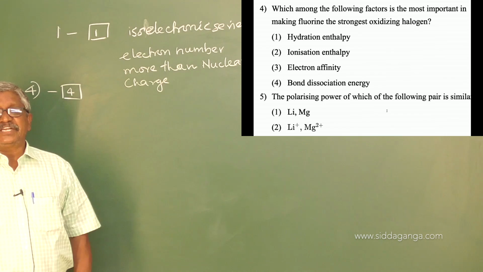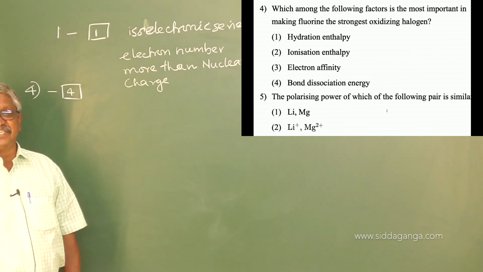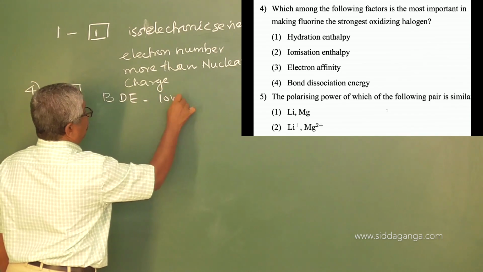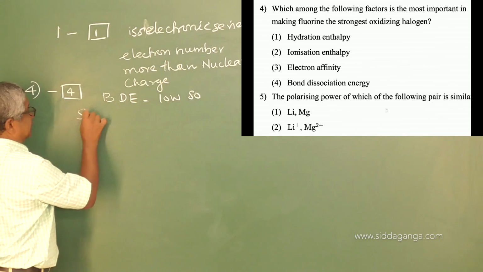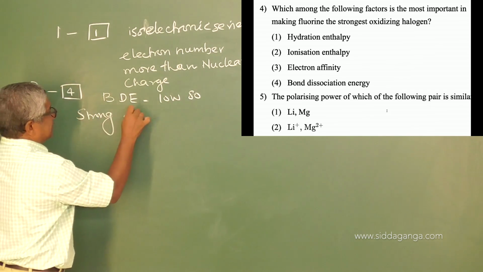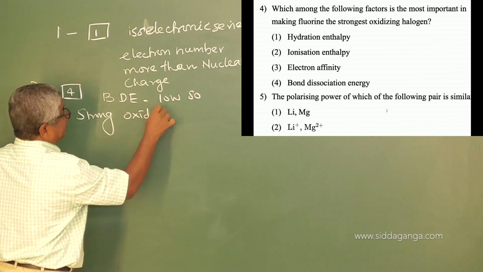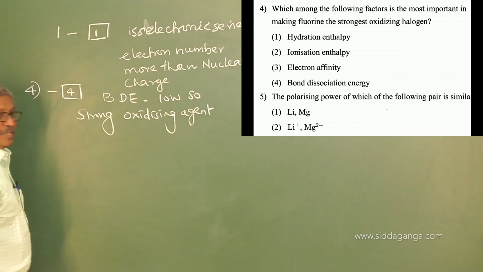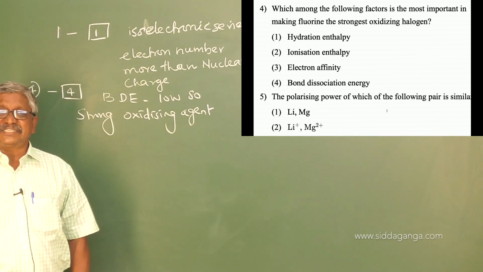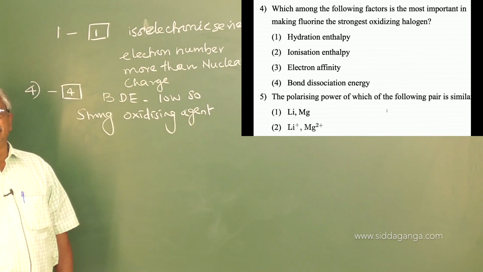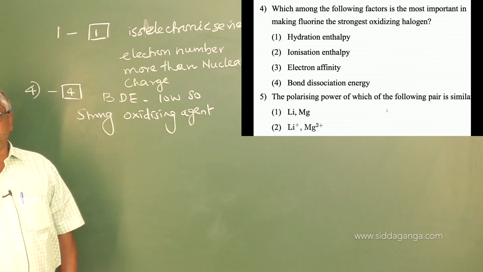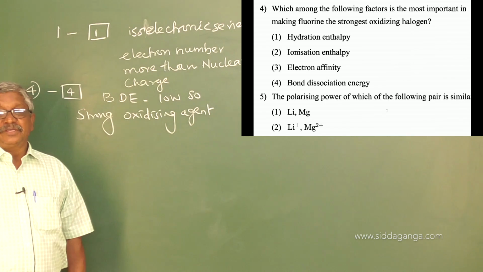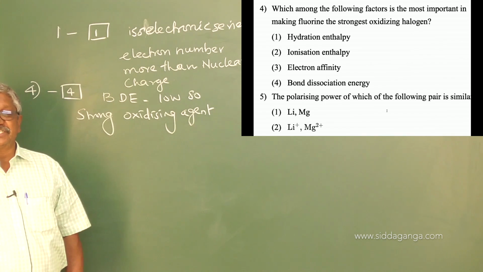That's why fluorine's bond dissociation energy, BDE, is low, so it is a strong oxidizing agent. So why is fluorine the strongest oxidizing agent? Because of bond dissociation energy, option 4. The strong oxidizing agent is due to the lesser bond dissociation energy.